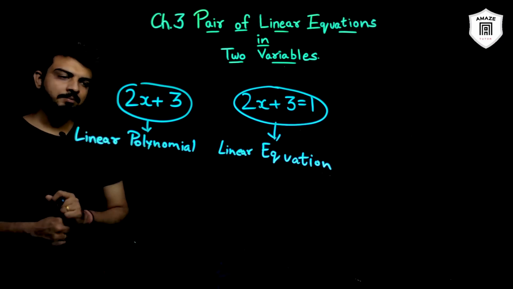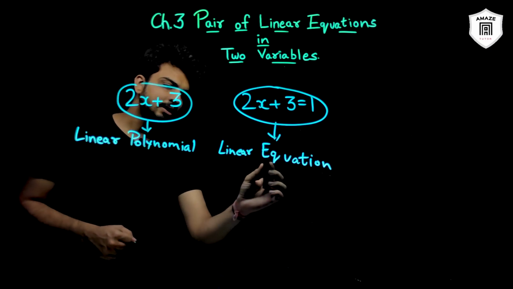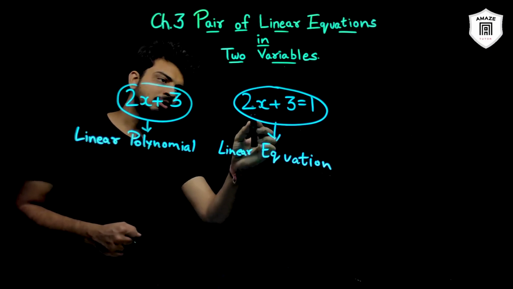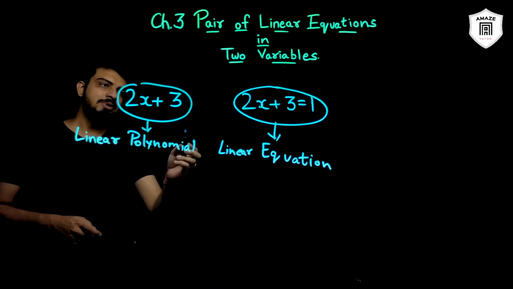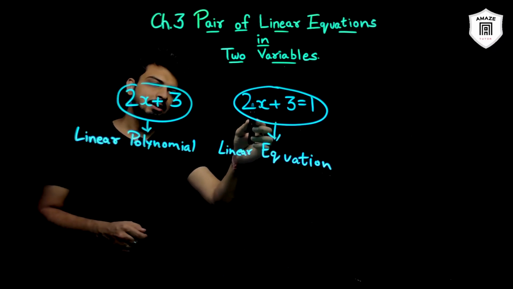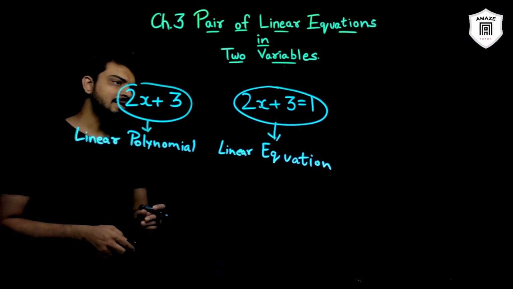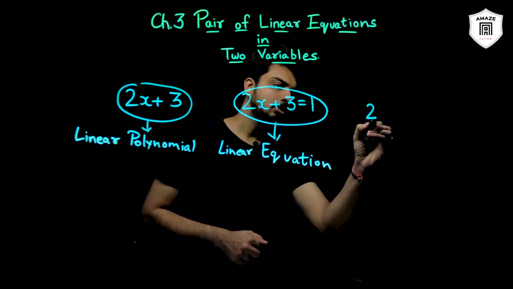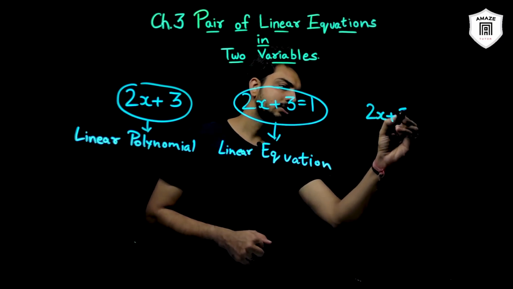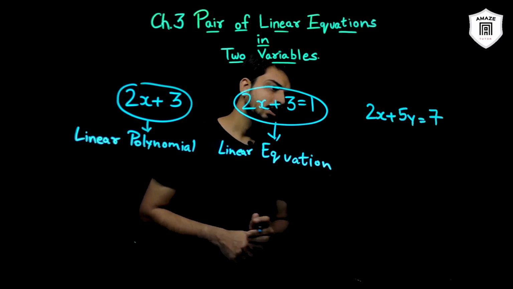Now one more thing, here as you can see that this is a linear equation. How many variables are used here? So this is 2x plus 3 equals to 1, where only the one variable is there, which is x. And let's say if I am having an equation 2x plus 5y equals to 7, right?